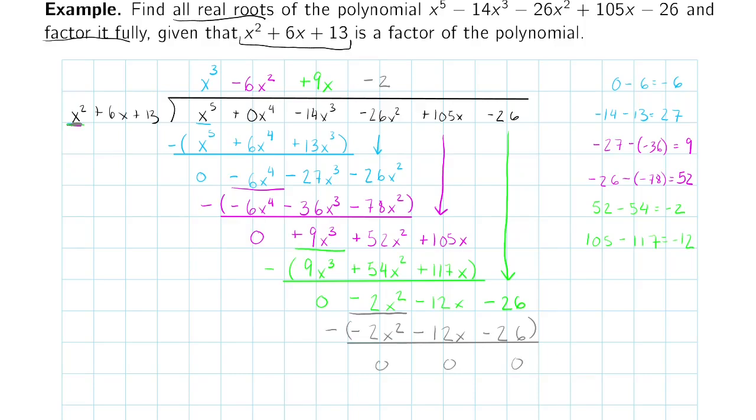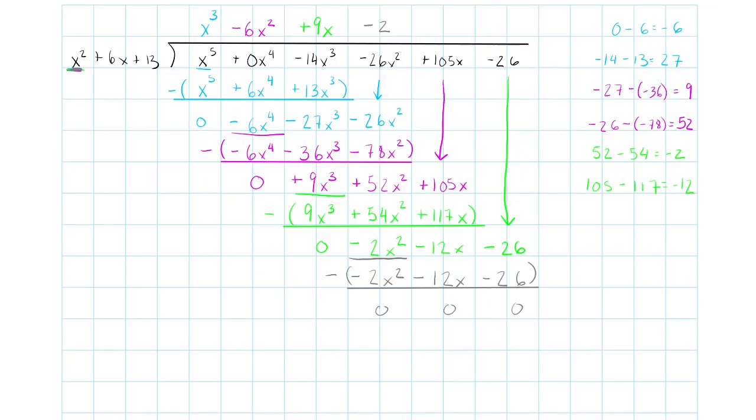So that's broken down our original polynomial as x squared plus 6x plus 13 times x to the third minus 6x squared plus 9x minus 2.